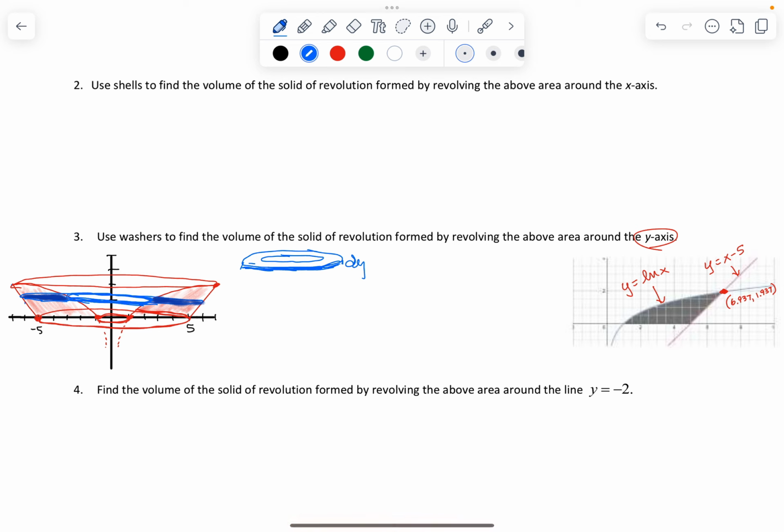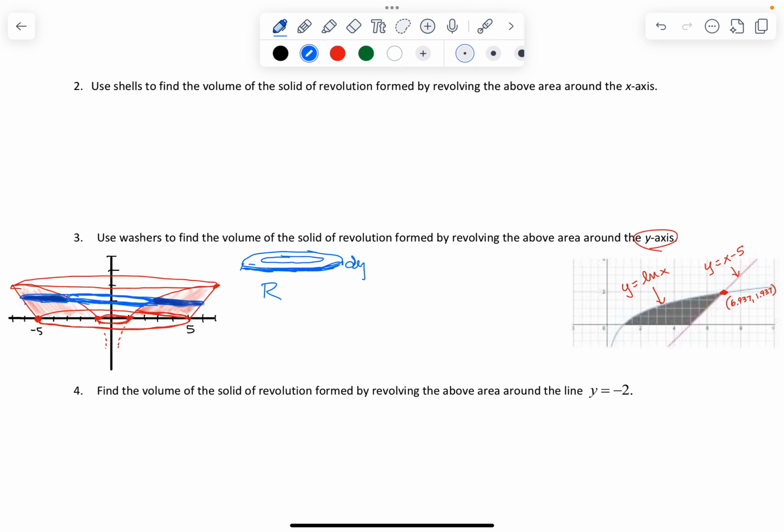Now we know that the area of the cross section is going to be pi times big R squared minus pi times little r squared. So we have to know what big R is. Big R is going to run from the center out to the outer edge, so that'll go all the way out to here.